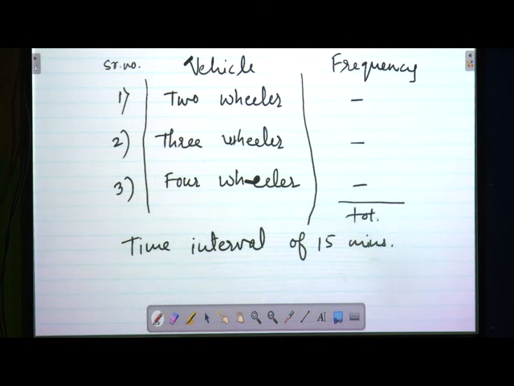Now find the probability of 2-wheelers, 3-wheelers and 4-wheelers.